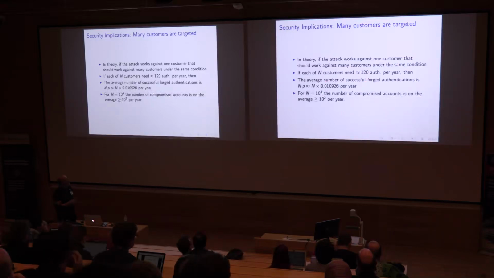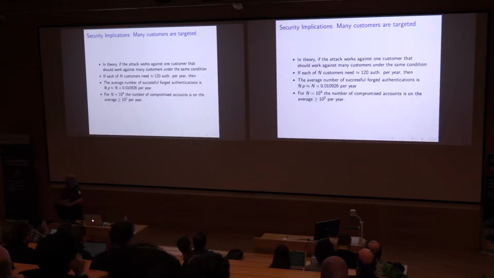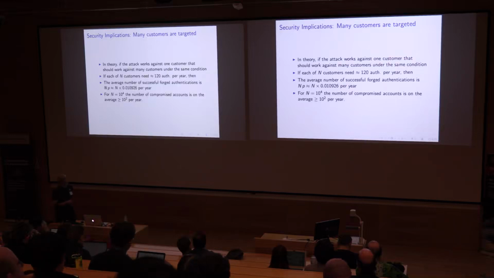The average number of successful forged authentications per year is the number of customers N multiplied by the probability, and that is about 1% of the number of customers. If the number of customers is 10,000, the number of compromised accounts may be, on average, more than 100. That is quite a significant number in my mind.